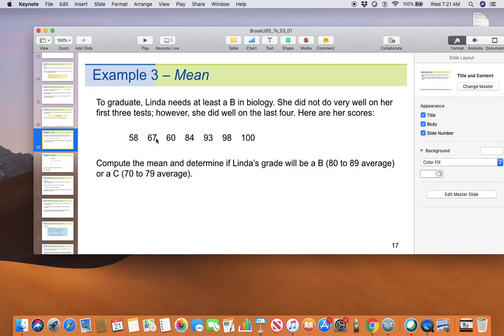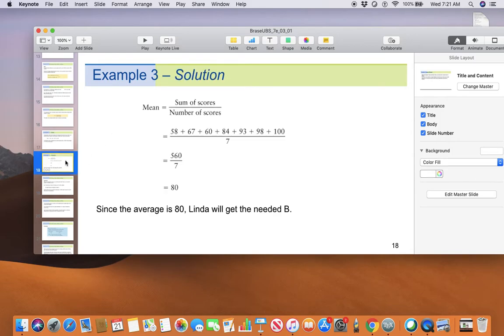So we are going to add all these numbers. How many are there? 1, 2, 3, 4, 5, 6, 7. So there are 7 tests. Add the scores all up and divide by 7, the sum of the scores over the number of scores. So you get 80. 80 is a B. Okay, barely made a B.